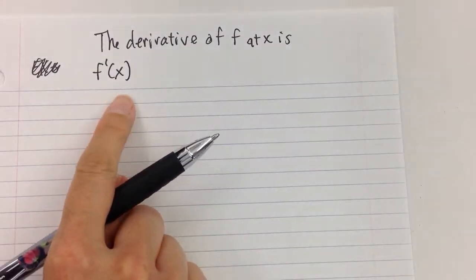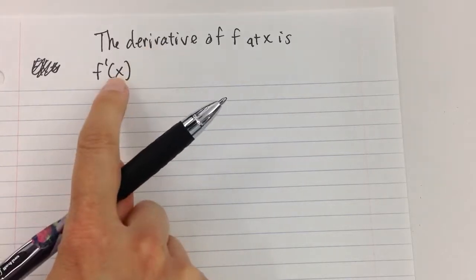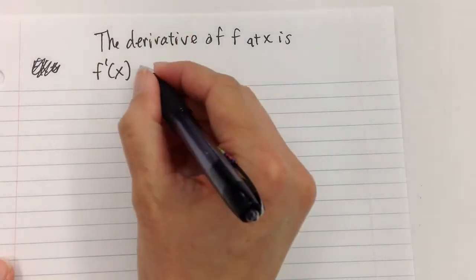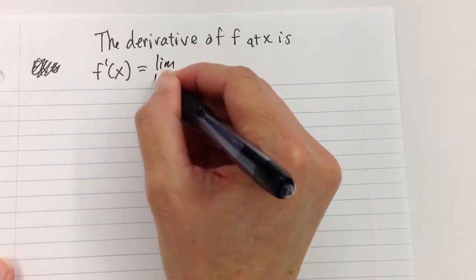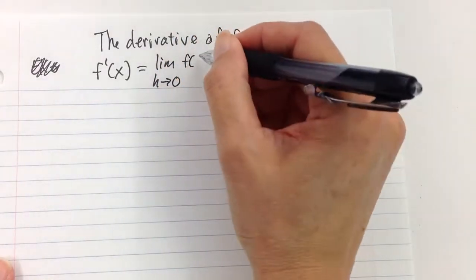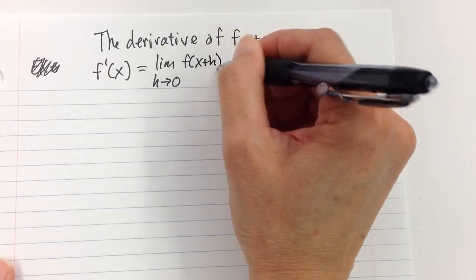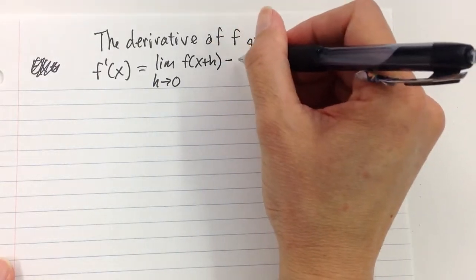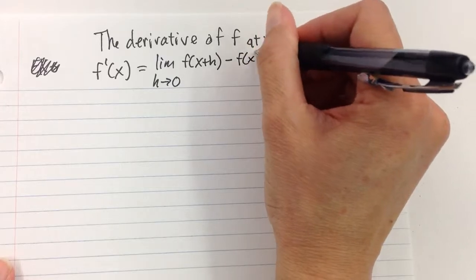We use f prime of x. That means derivative, that means the difference quotient. What is it? It's just when you do the limit as h approaches 0 of the difference quotient. That is the derivative. That's why that's so important, and we harp on it because it has many physics applications.